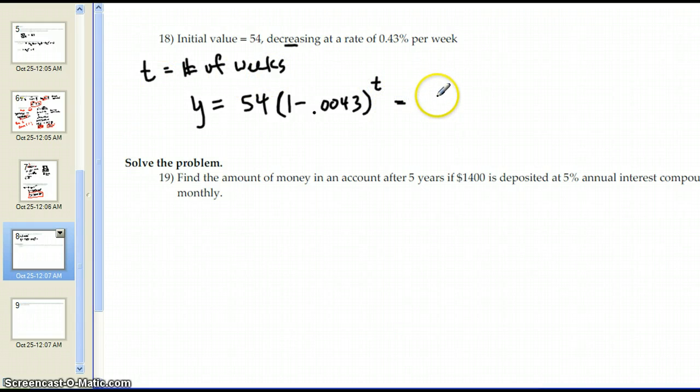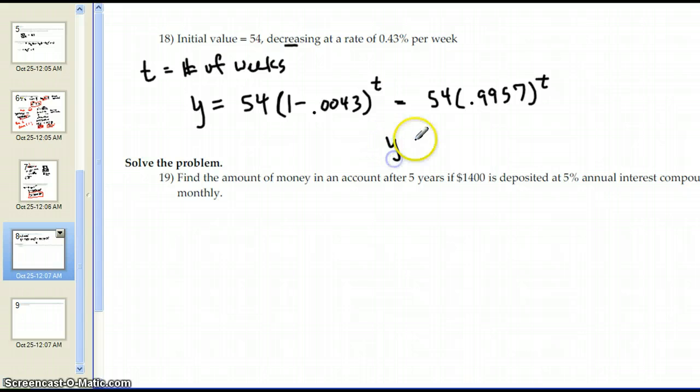So we end up with 54, and then 1 minus 0.0043 is 0.9957 to the t power. Alright, so our equation would be y equals 54 parentheses this 0.9957 to the t.